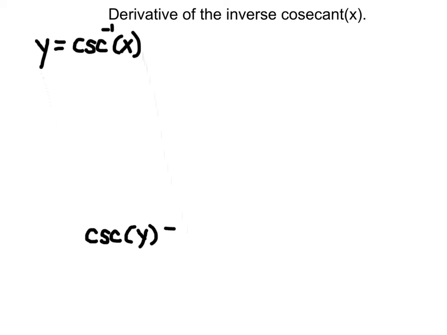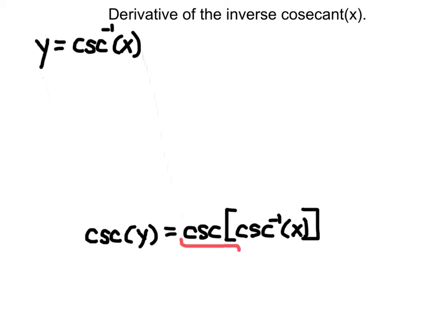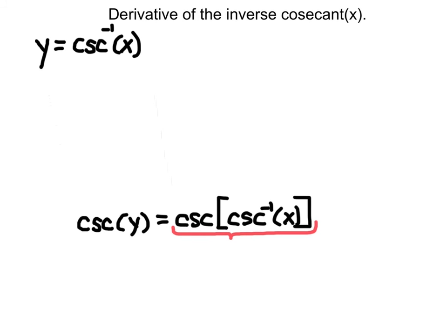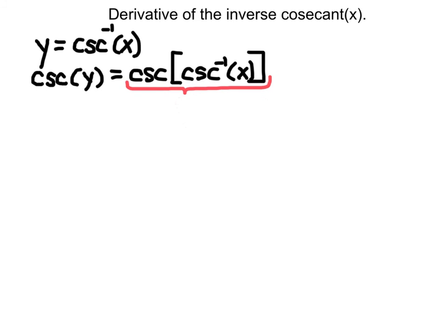So the cosecant of y is equal to the cosecant of the inverse cosecant of x. And right here, what we have is a composite of two inverse functions, which is going to yield the input of x. And that gives us the cosecant of y is equal to x.